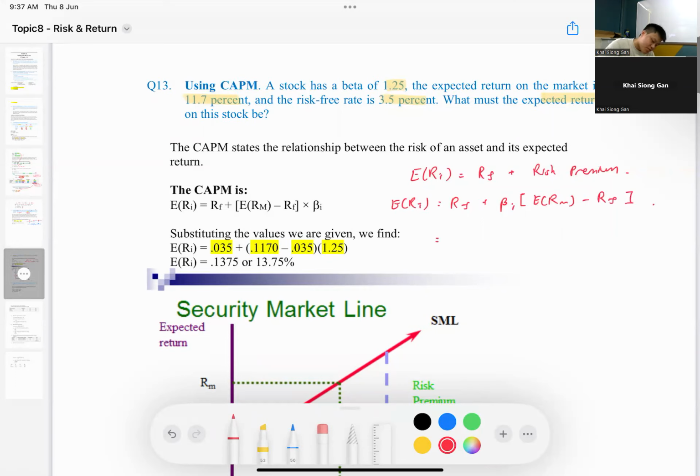So risk-free is 0.035 plus beta 1.25 times, expected return on the market is 0.117 minus 0.035.